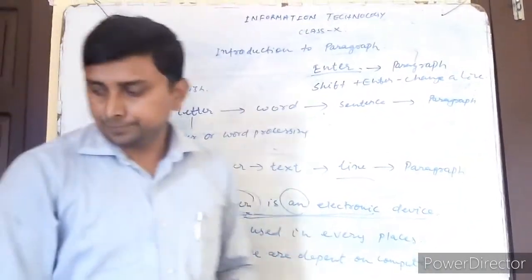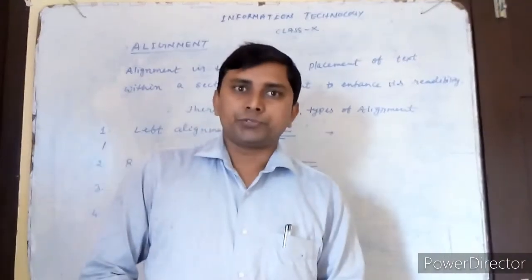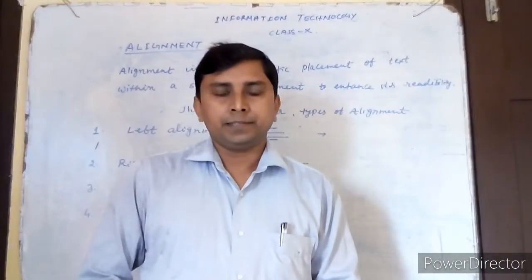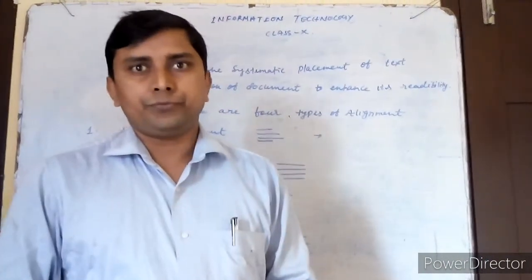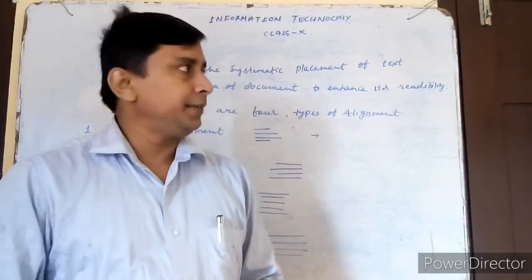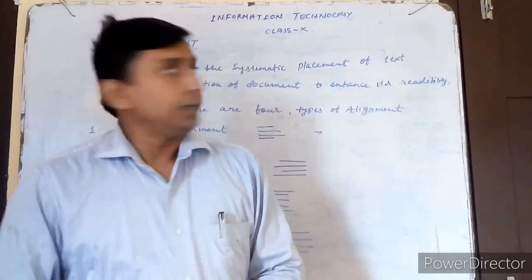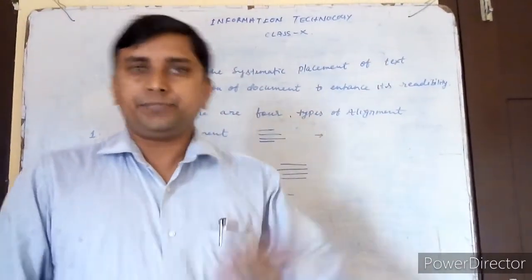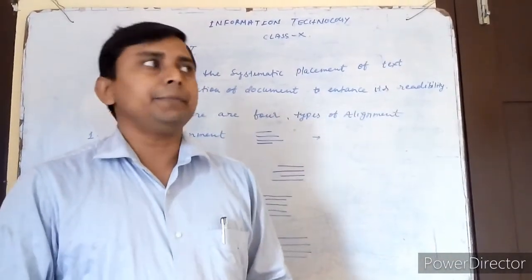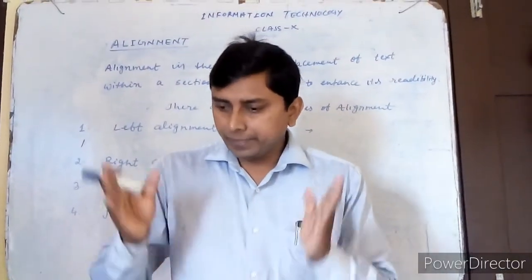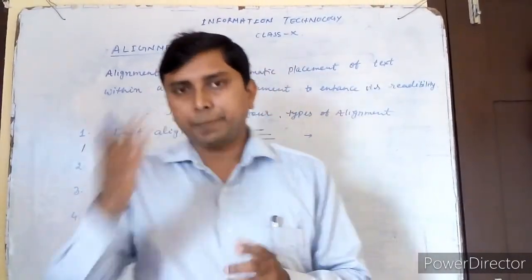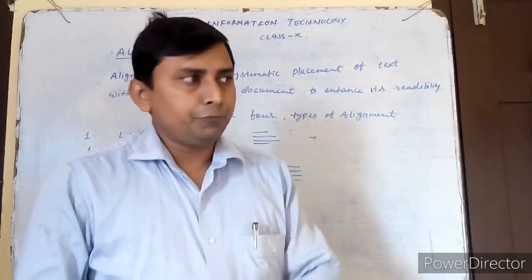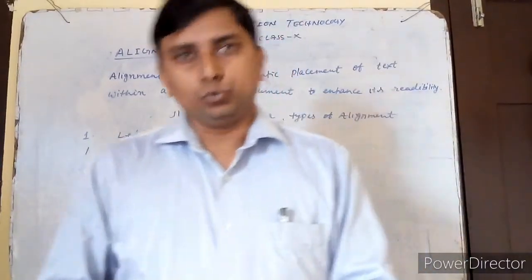Okay. Now let's see about alignments. We can apply different types of formattings and different types of options on a paragraph. The first is alignment. Students, if you write something on paper, then we follow some systematic rules.